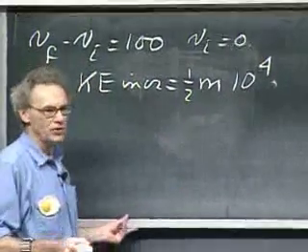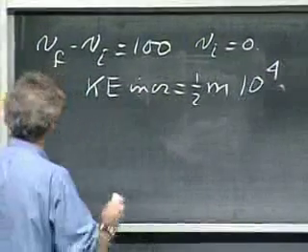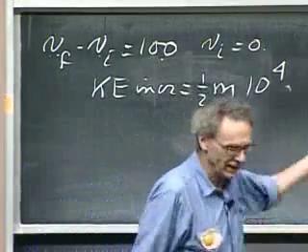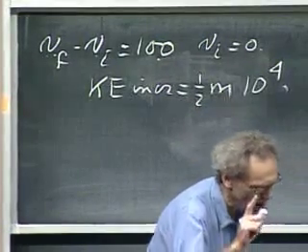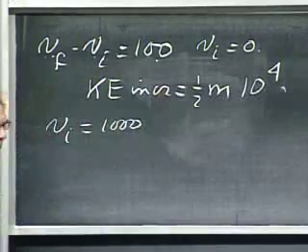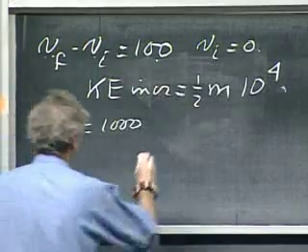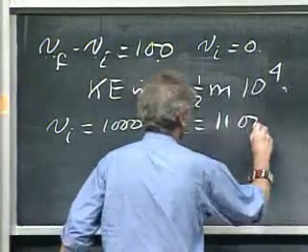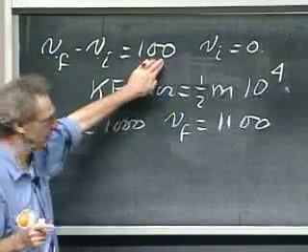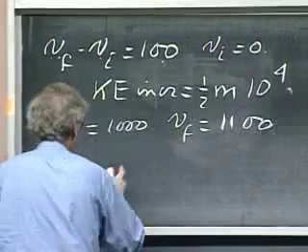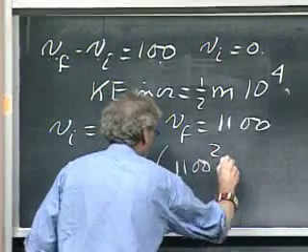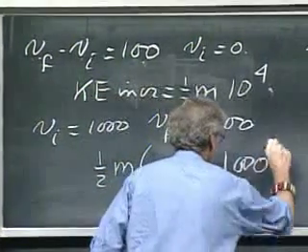Now I use the very same rocket, the same amount of fuel, the same burn time, so I get again that the final velocity minus the initial velocity is still 100. That's exactly the same. But before the burn, this rocket had an initial velocity of 1,000 meters per second. What is now the gain of kinetic energy? The final velocity is now 1,100. That's non-negotiable, because the rocket changes the momentum, changes the velocity by a fixed amount. So now the increase of kinetic energy equals 1/2 m times 1,100 squared minus 1,000 squared.